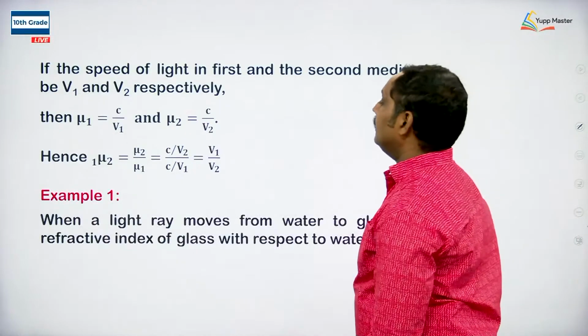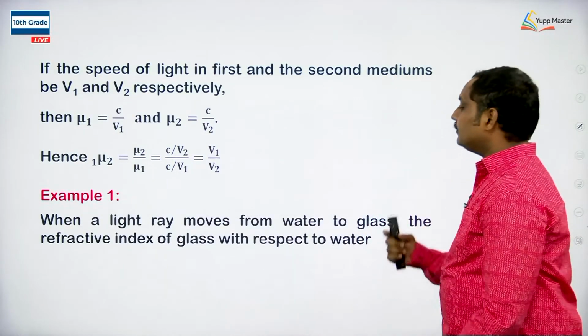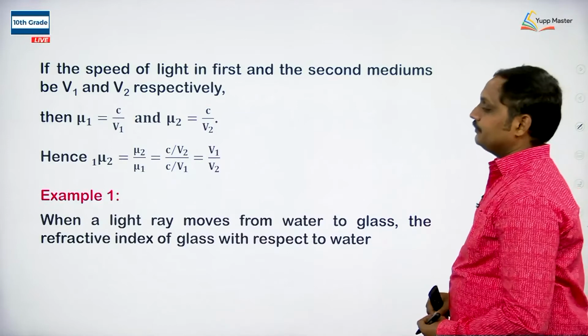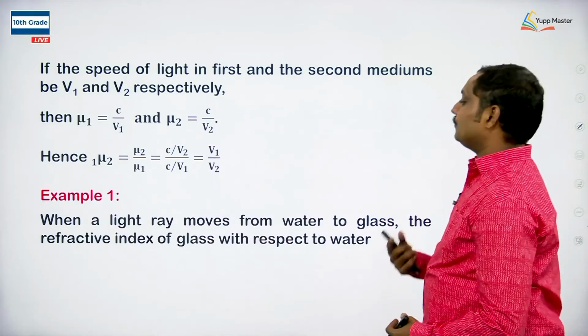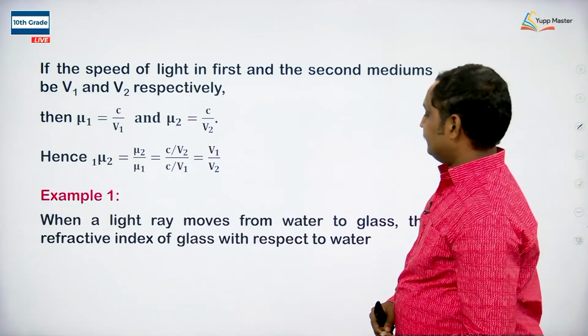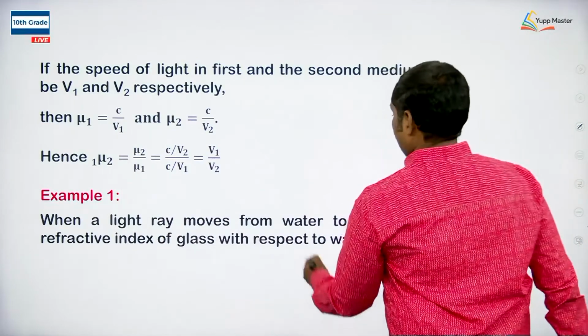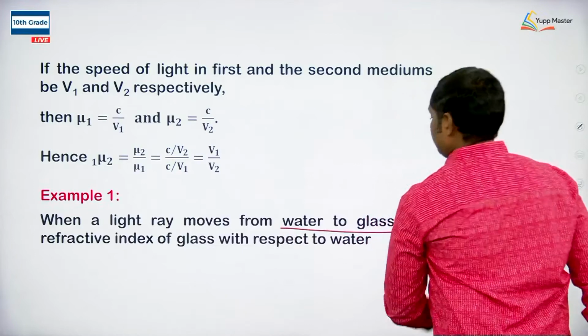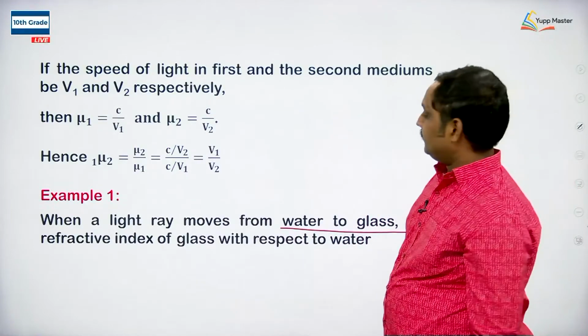Take that example. When a light ray moves from water to glass, the refractive index of glass with respect to water, that is clear. The light ray enters from water to glass.